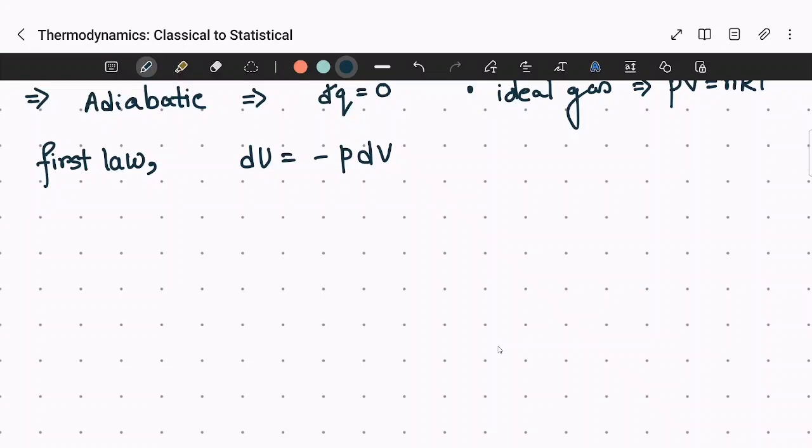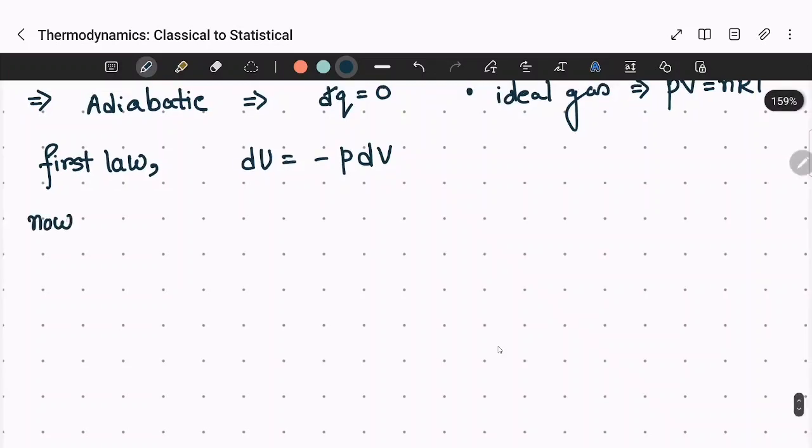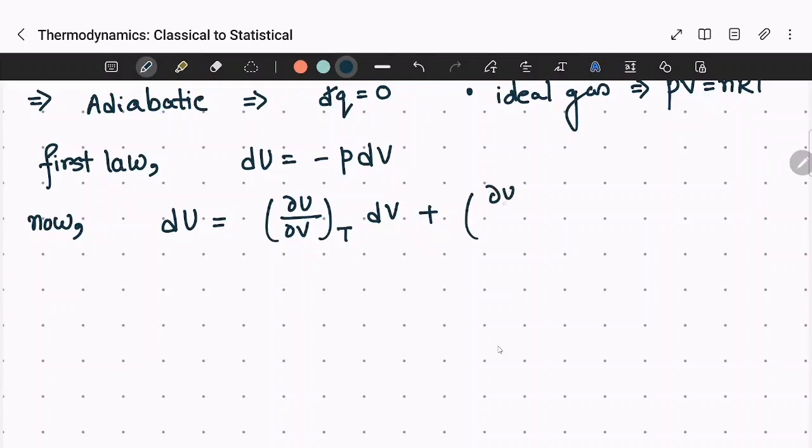If it is, then we can write what dU is. Now dU, we can write as (del U/del V) at constant T dV plus (del U/del T) at constant V dT, because U is actually a function of volume and temperature.